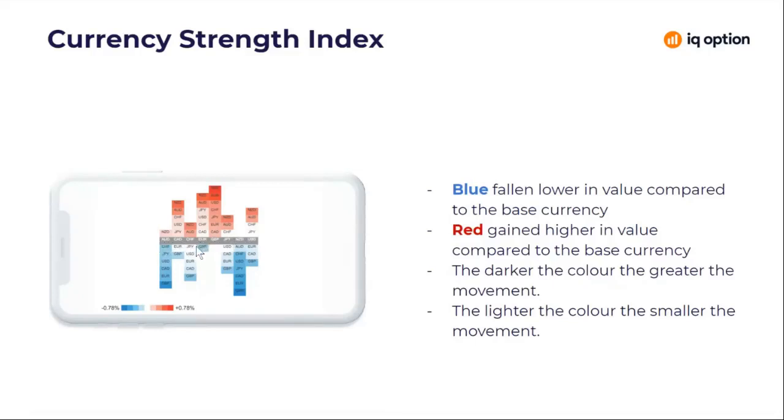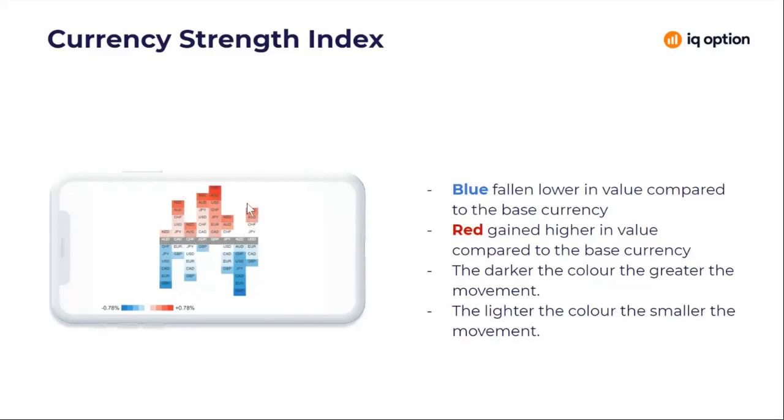Anything falling under the blue, so anything below, is lower in value compared to the base currency. So GBP is weak in accordance to AUD. GBP is weak in accordance to NZD. Anything above these base currencies, notated in red most of the time.